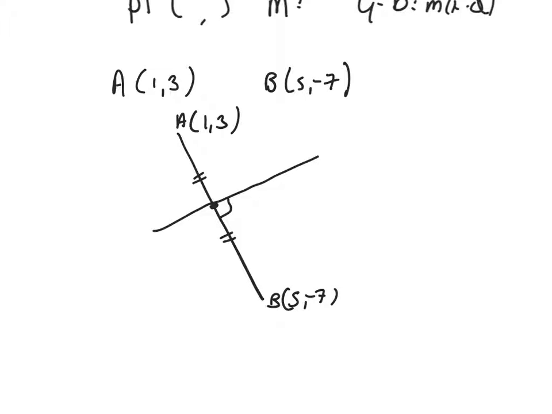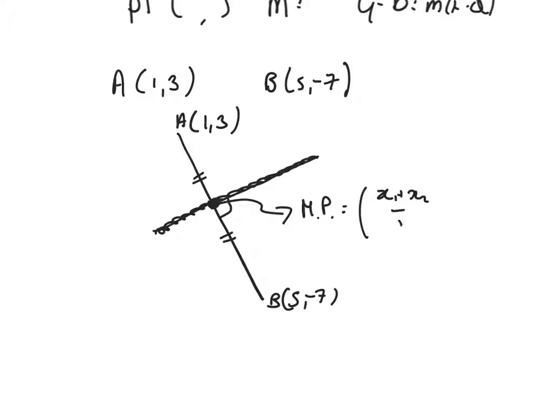So to find the equation of the perpendicular bisector, which is this line highlighted here, it's a straight line, so we need point gradient. So the first thing that I'm going to do is to find the point. Now, since it's a point of bisection, that's the midpoint. So the midpoint is an average of x and the y coordinates.